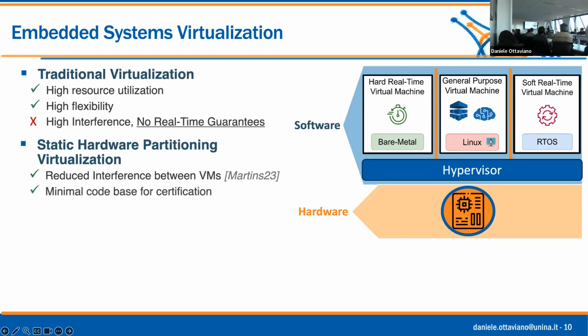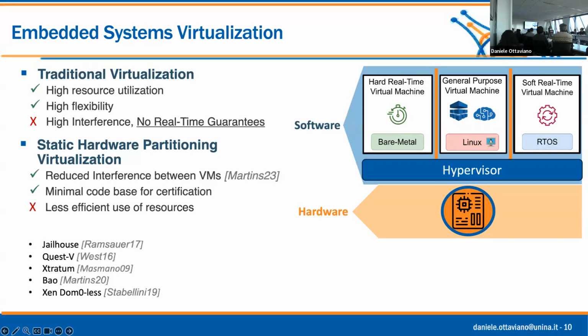And we also have minimal cost, minimal code base. So in theory, these hypervisors are easily certifiable. There are static partitioning hypervisors that are certified. But the problem, of course, is that it's less efficient than using traditional virtualization, but, well, it's better than using a single board for a single application. That's for sure.